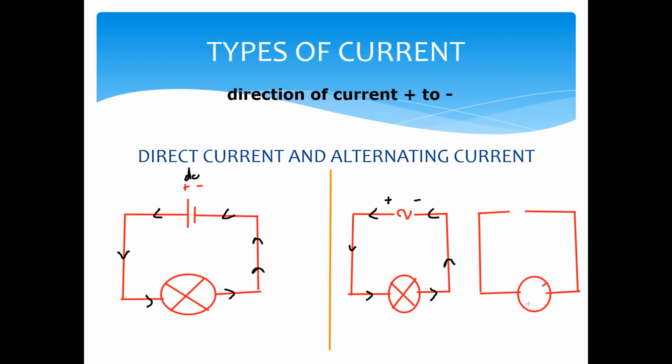Now the current starts to move the opposite way: the right hand side becomes positive and the left hand side becomes negative, and the current changes direction. This current which is continuously changing direction, we call alternating current. So we have two types of currents.